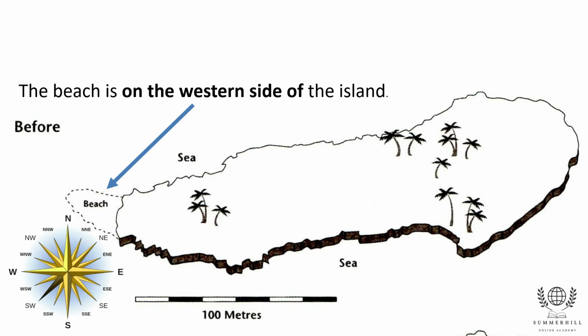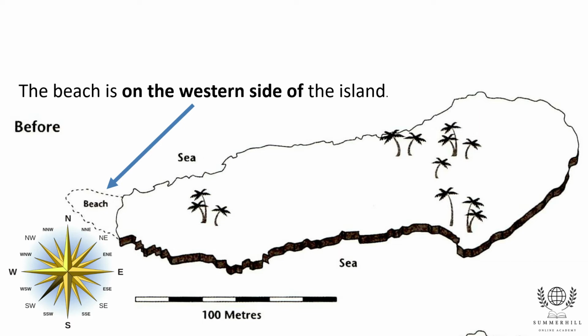For example, we can say that the beach is on the western side of the island. Okay? Once again, we will need to use subordinations, but those geographic position markers are going to be essential to help us describe where certain features of the map are.